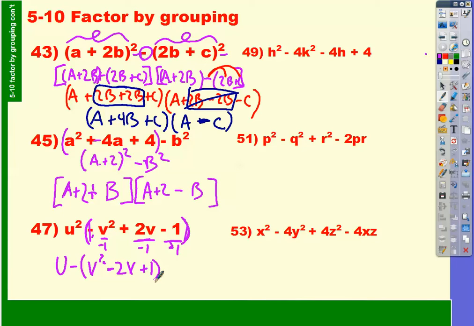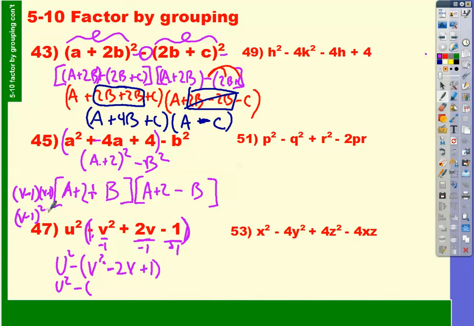Negative 1 plus negative 1 is 0, or sorry, it's negative 2. So we have u squared minus, oh, and since it's negative 1, because this thing factors to v minus 1 times v minus 1. Well, an easier way of saying that is v minus 1 squared.